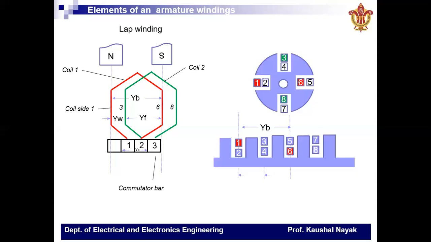Winding pitch. The distance between the two consecutive and similar top or bottom coil sides as the winding progresses is called the winding pitch. The symbol is YW. It is expressed in terms of coil sides.